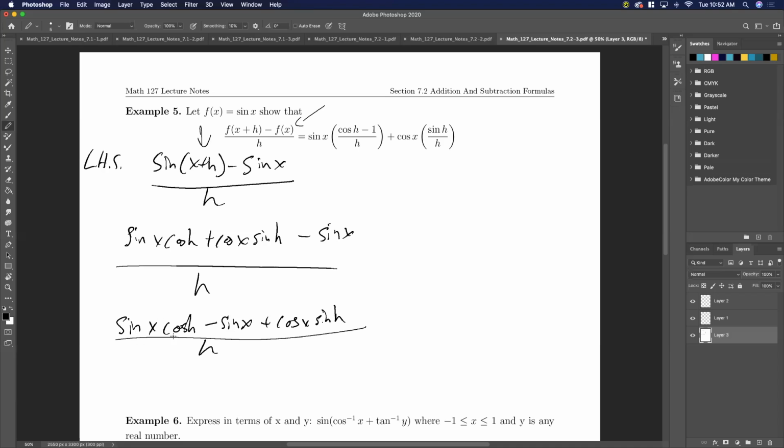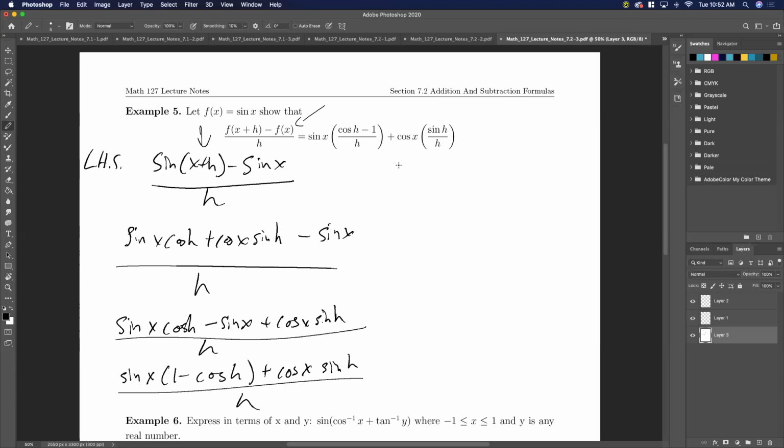Then here I have a sine of x and sine of x, so I'm going to take that out. I'm going to have sine of x times 1 minus cosine of h plus cosine of x sine of h all over h. Okay, so that's all I've done here.